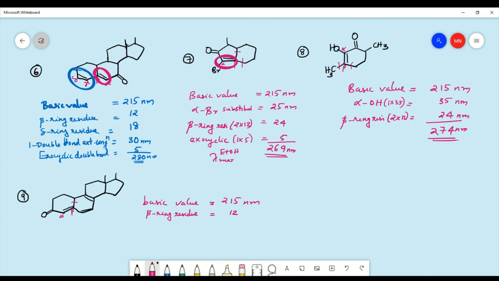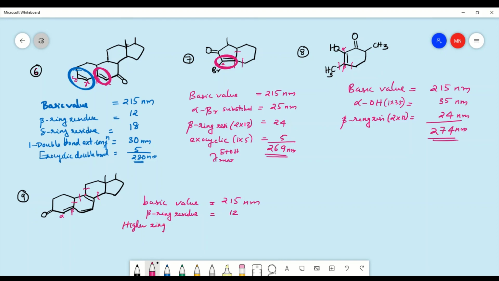Now up to here you have this double bond and the carbonyl extending in conjugation. Here it is conjugated, here it is conjugated. So till this point it is extending in conjugation. So the higher ring residues will be, one is this, second is this, and third one is this.